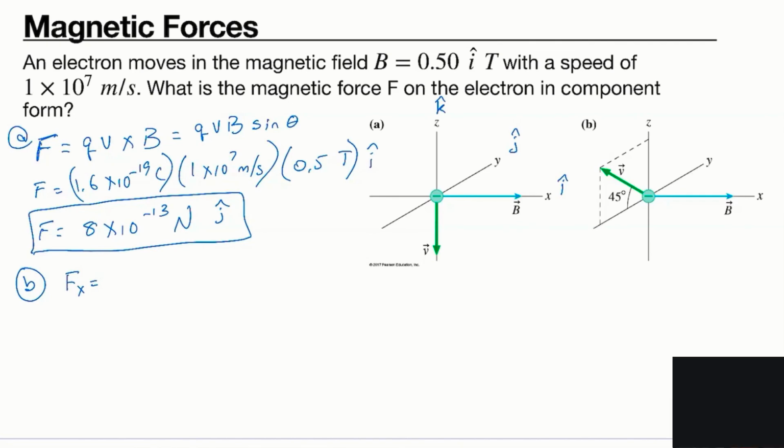So right away we know there's not going to be any I hat component. Okay, so then, how about y? It's partially in the y, partially in the z.